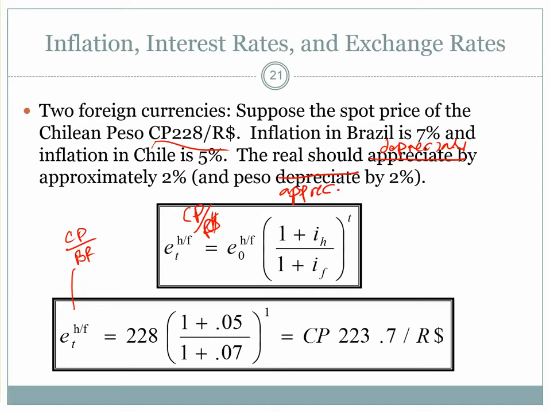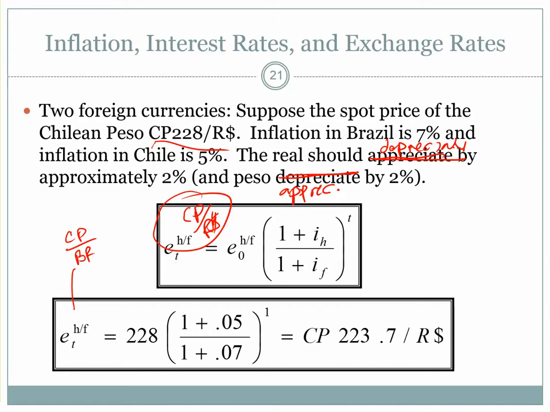There's a typo here. Let's make that depreciate and make that appreciate. So Brazil has, say, higher inflation by 2%. Their currency is going to devalue. This is the price of a real. So that is going to go down by about 2%. 2% of 228 is about 4 or 5.